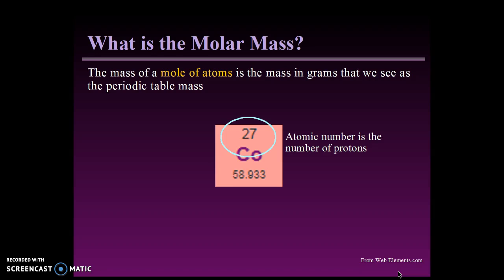So the one right before this would be 26, the one right after would be 28. The larger number on the periodic table is the atomic mass, and that's the weighted average mass of all the isotopes. You should have studied weighted average when you studied the atom and studied isotopes.